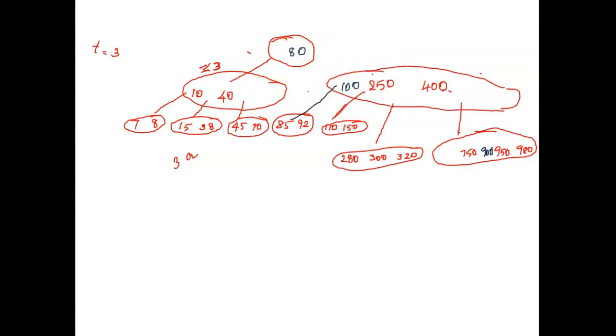So after redistributing, we get 100 to move down to this right node and 80 would be moving from the left to the root node, and the pointer that exists here now automatically changed to this 100. So we have executed another case of 3a now. But still we are looking for deleting this 400.